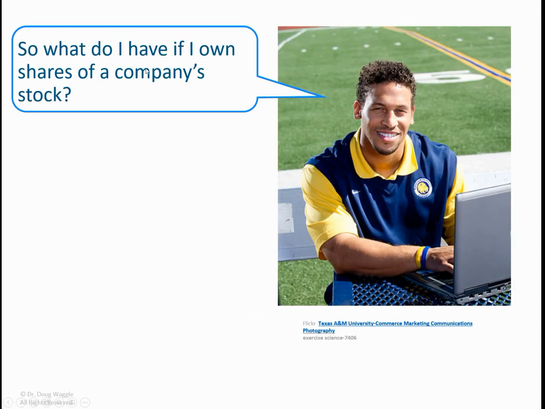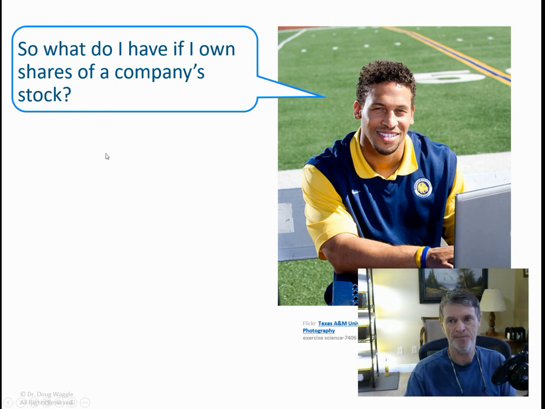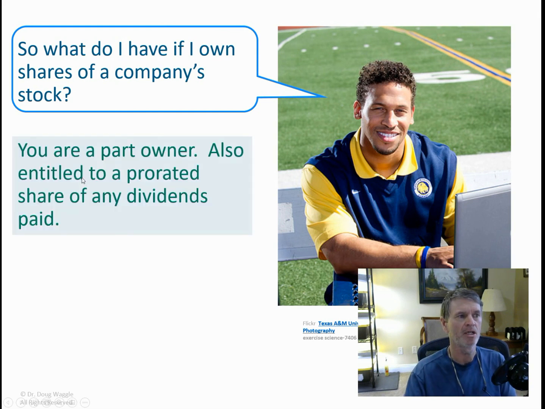So what do you have if you have shares of a company's stock? If you buy Apple Computer stock or Walmart stock, you are a part owner of the firm, and you get a prorated share of any dividends that the company pays to shareholders. Dividends are just cash payments to shareholders in maybe half or so of companies.